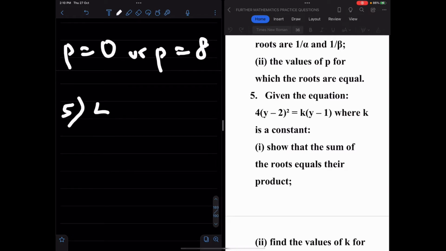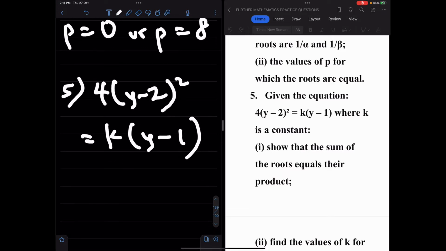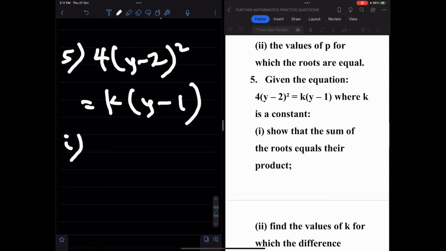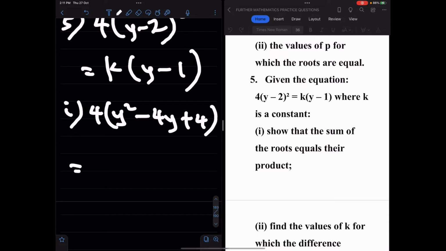Given that 4 into bracket y minus 2 all squared equals k into bracket y minus 1, where k is a constant, Roman figure 1, show that the sum of the roots equals their product. First of all, I want to open the brackets before finding the sum of the roots. 4 into bracket y minus 2 all squared, 4 times the square of y minus 2, is the same as 4 into bracket y squared minus 4y plus 4 equals, the right hand side becomes ky minus k.